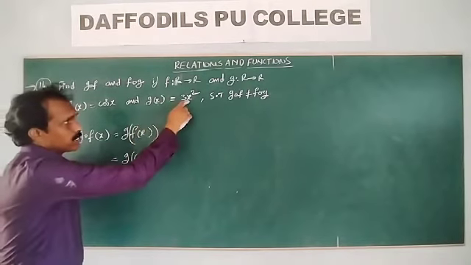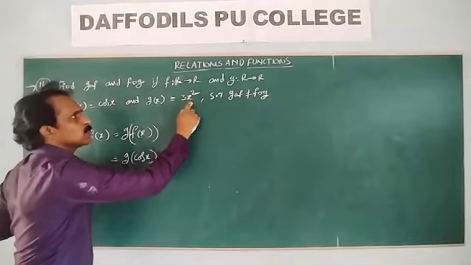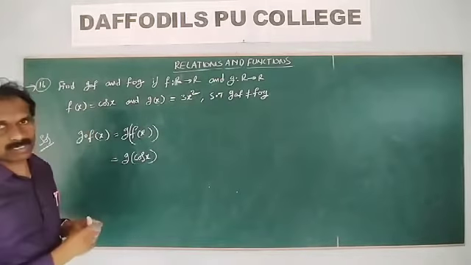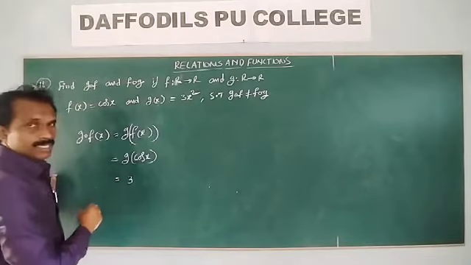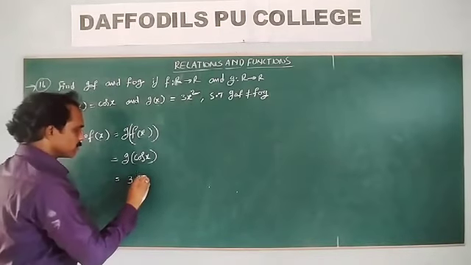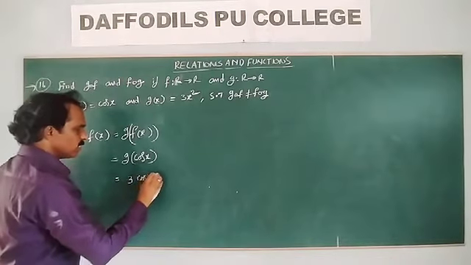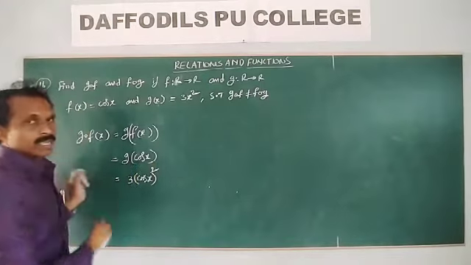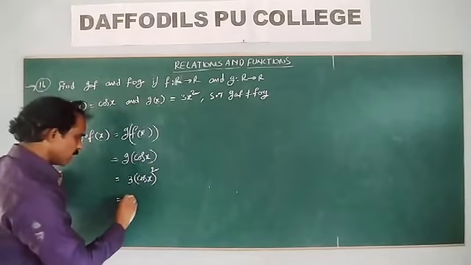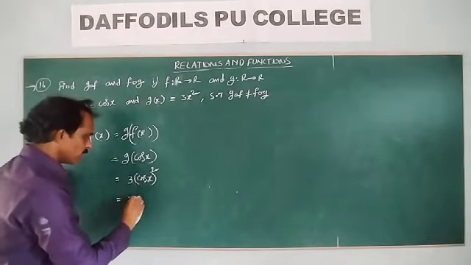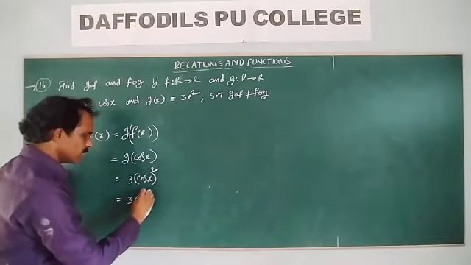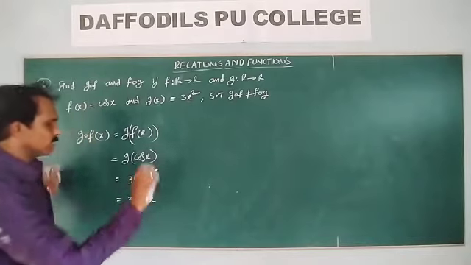What is g of x? 3x square. In the x place, substitute cos x. This is equal to 3 times cos x whole square, which can be written as 3 cos square x.